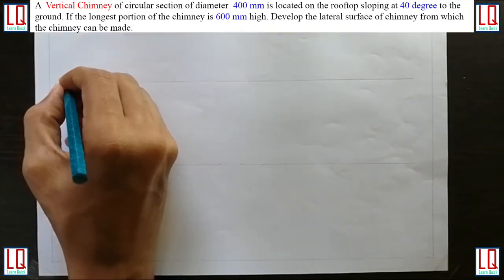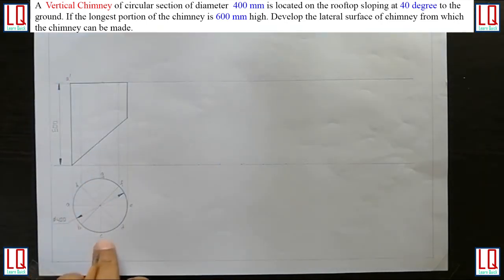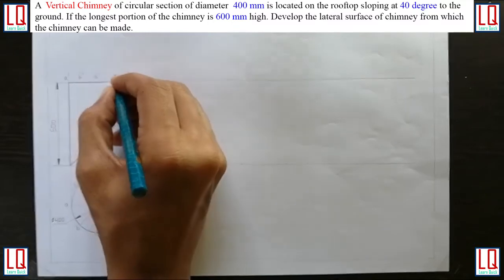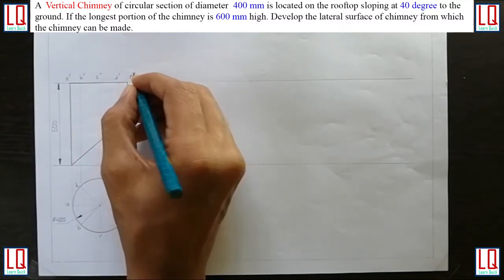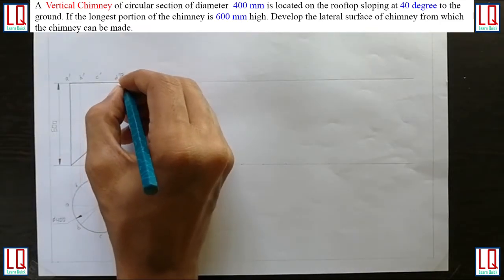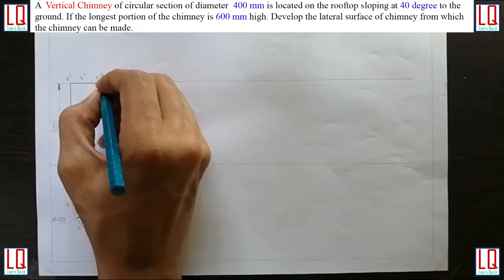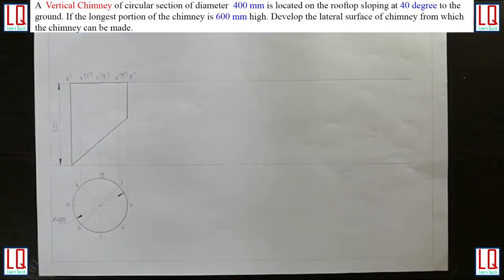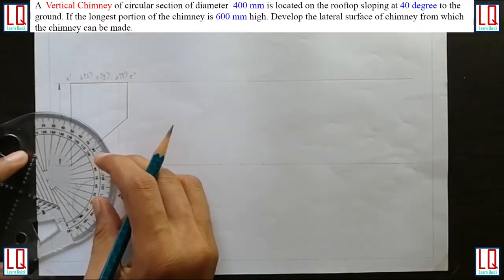We will start from here. A dash, B, C, D are visible, so we will make it B dash, C dash, D dash and then E dash, and then behind D I have F, which is not visible, bracket F dash, bracket G dash, bracket H dash. Then we will dimension this slope also.